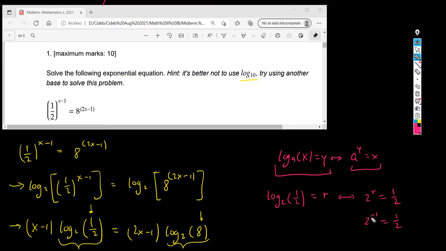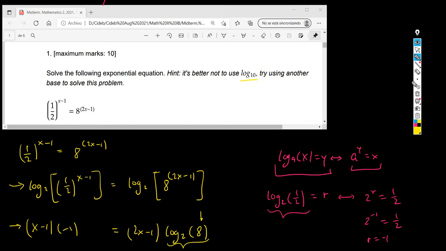Therefore, r equals -1. So I can make that substitution here. All of this is going to be equal to -1, like this.